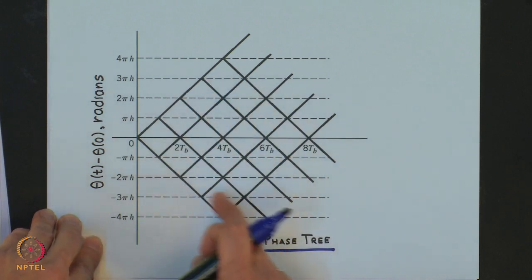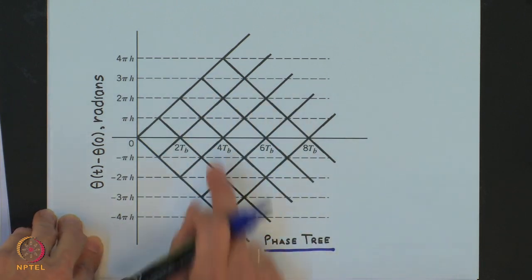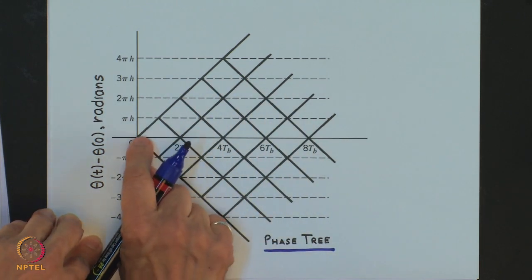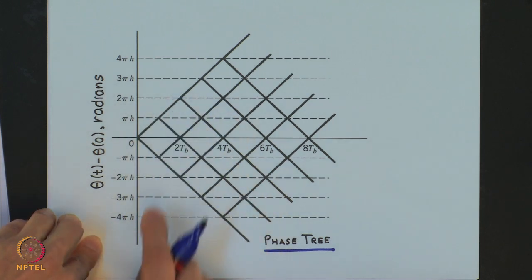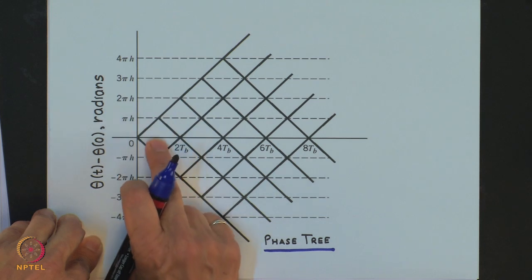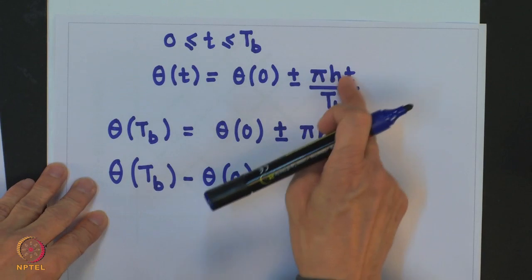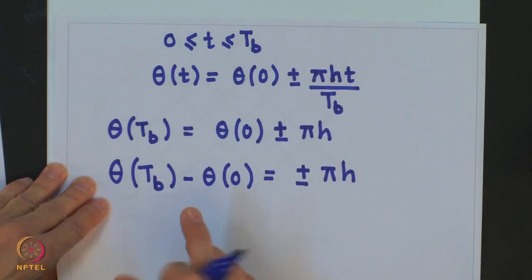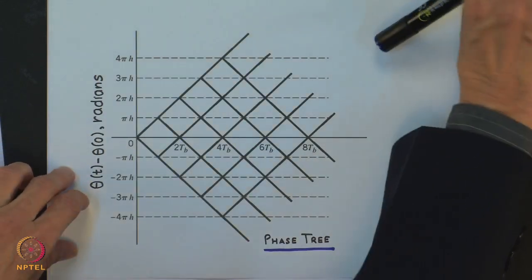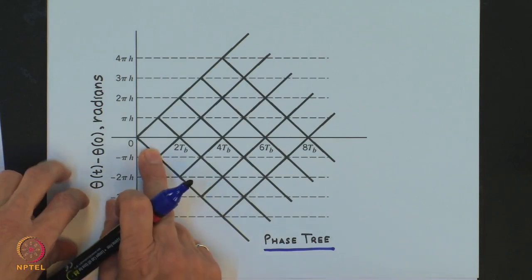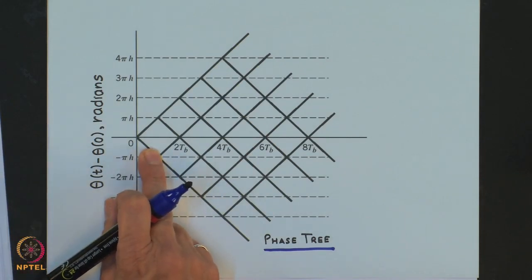Now, from this phase tree, we can observe that the phase of the CP-FSK signal is an odd or even multiple of pi h radians at odd or even multiples of the bit duration Tb respectively.